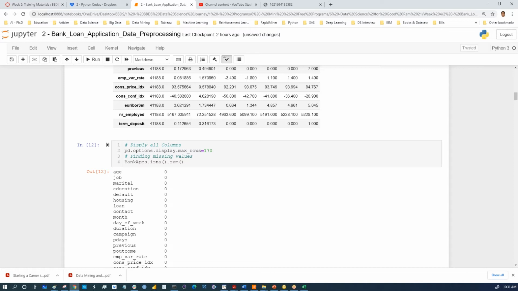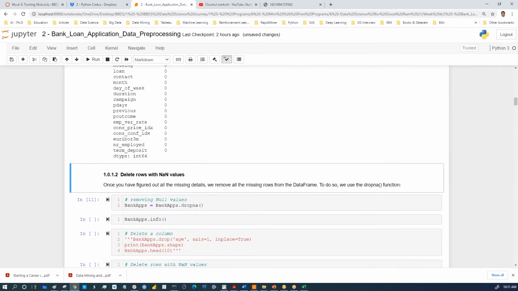It's gone now. Dropna is going to go through all the empty cells in your data set and eliminate them. So if you have 50% of your data with missing values and you do a dropna, it's going to remove 50%.